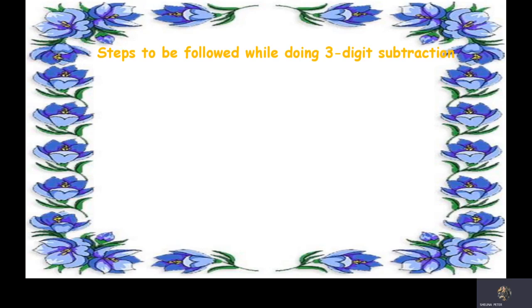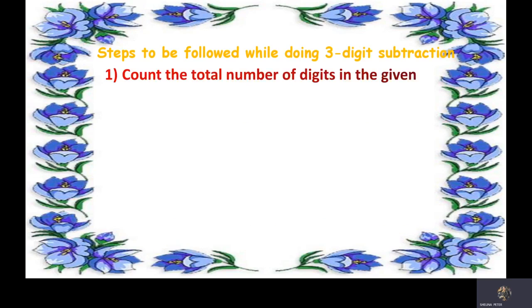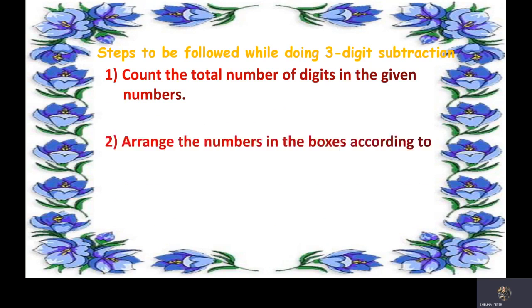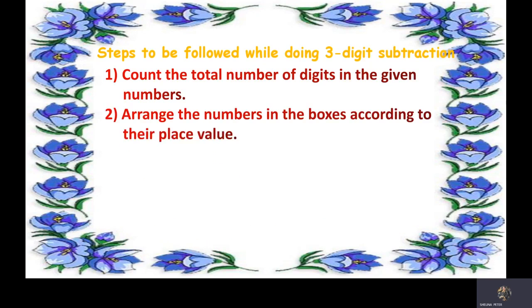Now here are the steps to be followed while doing 3-digit subtraction. First step is, always count the total number of digits in the given numbers. Second step, arrange the numbers in the boxes according to their place value. So here a 3-digit number is there, so place value will start from ones, tens till hundreds.